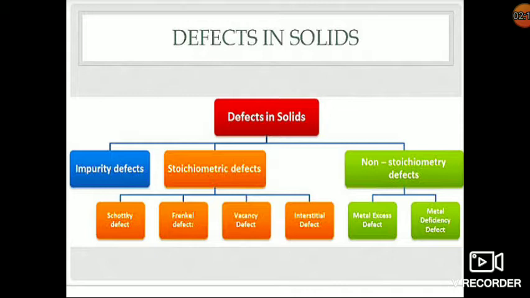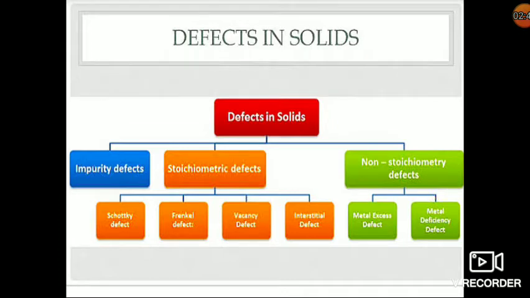Stoichiometric defect can further be categorized into four types: Schottky defect, Frenkel defect, vacancy defect, and interstitial defect. We have to study all these in detail. Next is non-stoichiometric defect, which is again of two types: metal excess defect and metal deficiency defect.